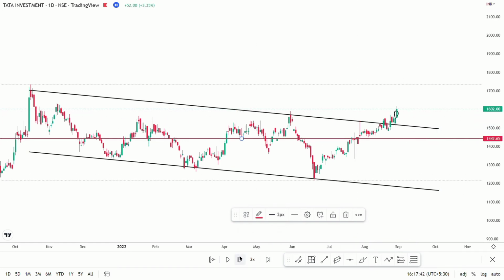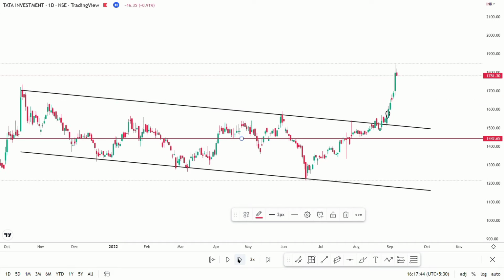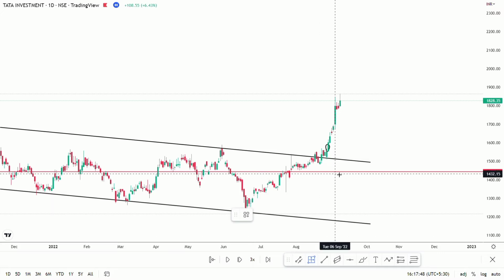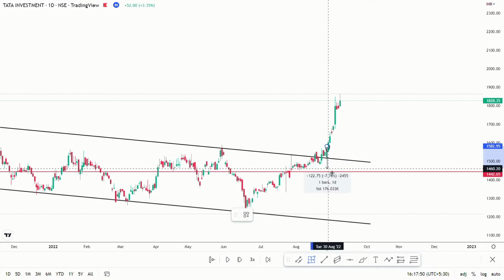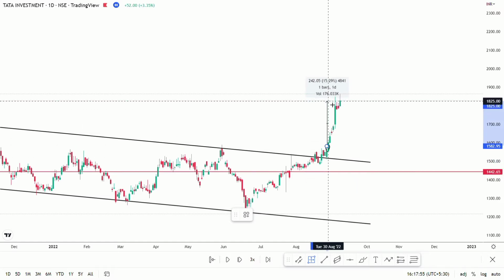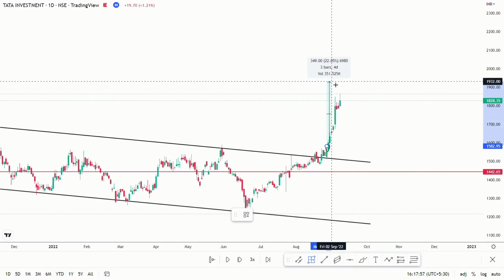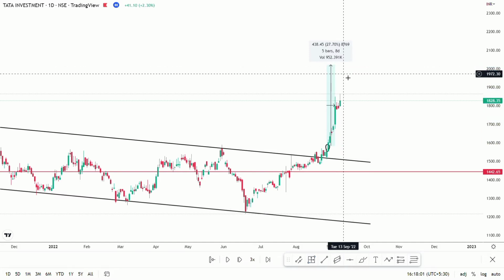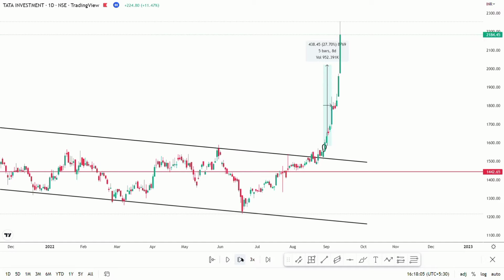And our target, as per our stop loss: our stop loss is around 9% and our target is 1:3, which means 27% here.